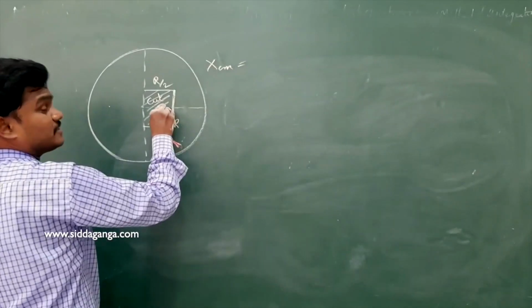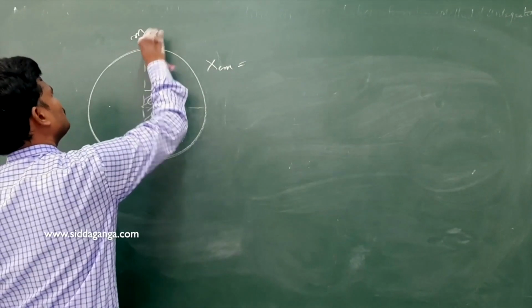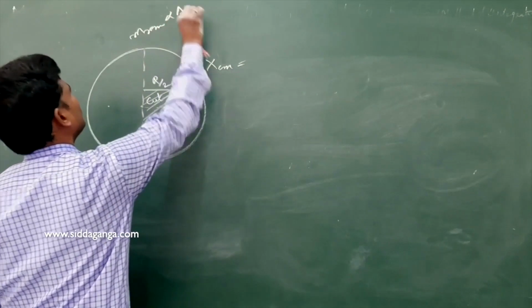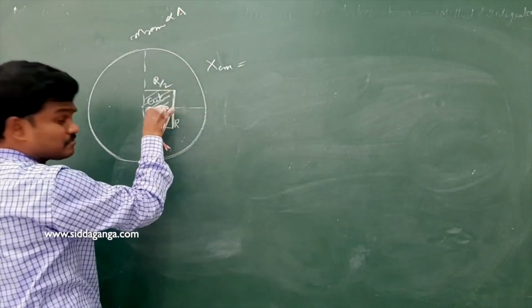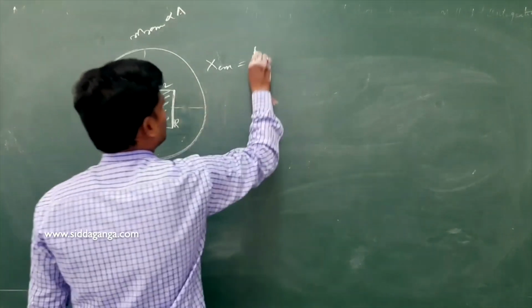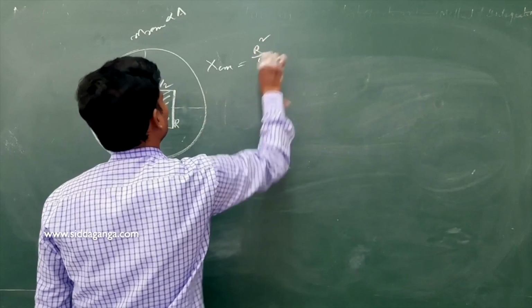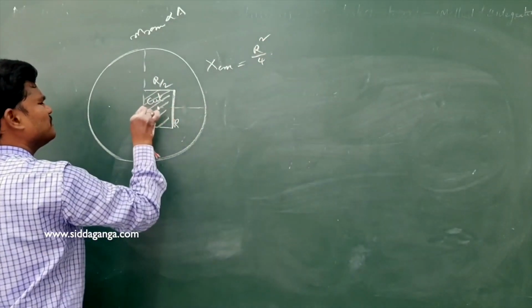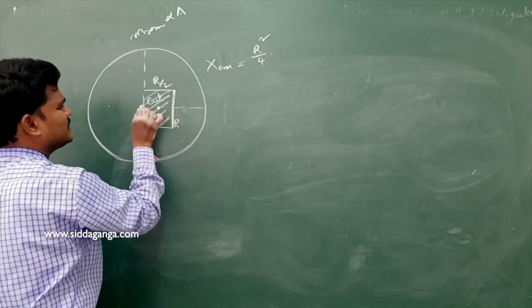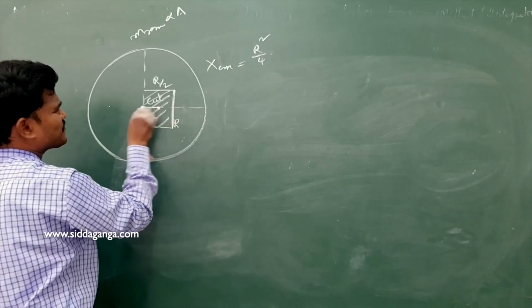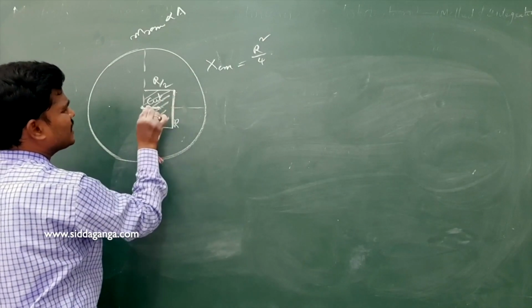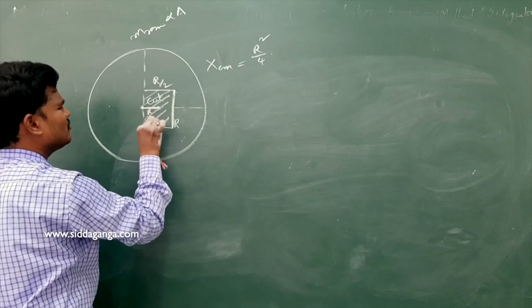Anyhow, you have remembered the formula: mass removed is proportional to the area of the square plate. So mass removed is r square by 4, and for the center of mass of this one, this is r by 2, and this part is r by 4.